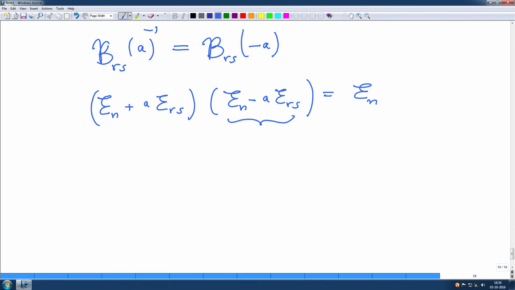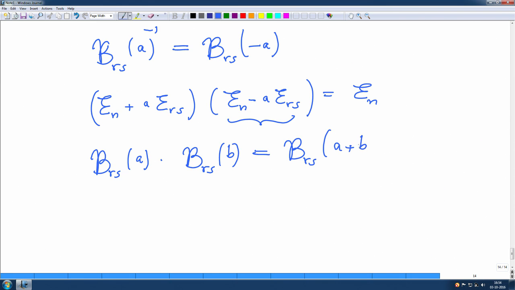That's it. Okay. More generally, you can also write down a formula like this: B_rs(a) times B_rs(b) will be nothing but B_rs(a plus b) for any scalars. Remember, r is not equal to s.